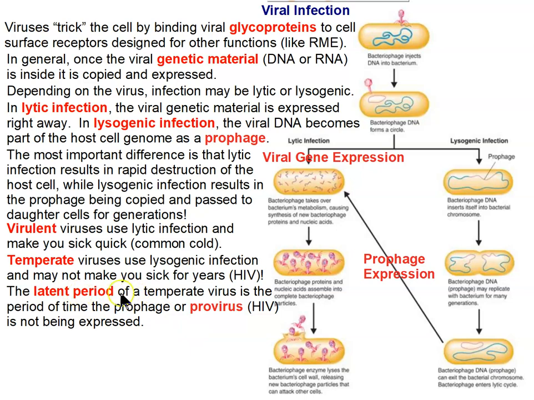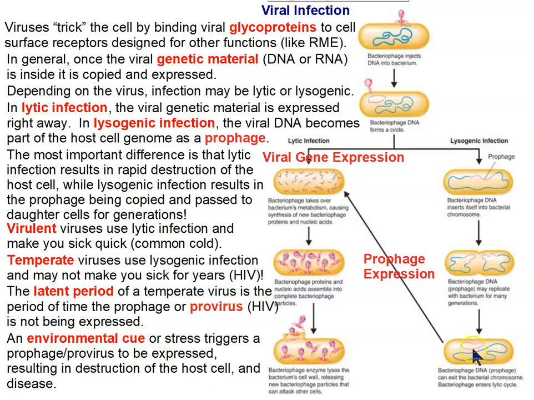So the latent period is a term that's used to refer to that period of time before the prophage, or in the case of HIV or a human virus, a provirus, exits the host chromosome and then is expressed. For HIV, that can be 10 years.